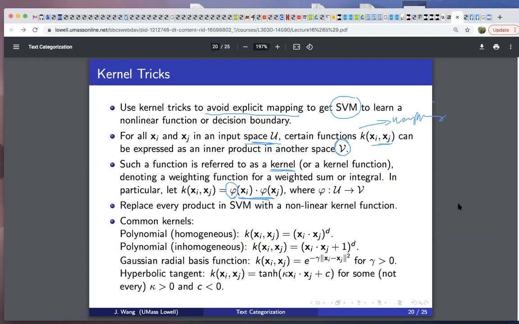So now here are some common kernels. One is the polynomial, the homogeneous one, which means that there is no constant. So we just do xi product yj and take the d's power, or you add a constant factor, or there are some others.